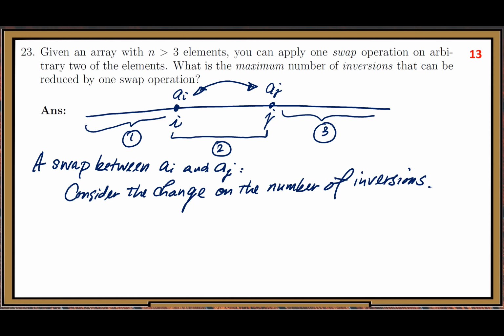Before we do that swap, we have a certain number of inversions, right? Then, after this swap, we have another number of inversions, two different numbers, and we compare the difference. Here, you need to use some abstract thinking in the analysis procedure.